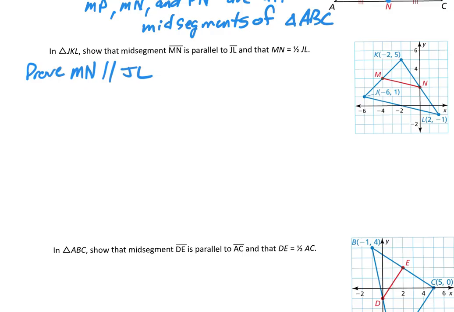So in order to prove that MN and JL are parallel, what would we need to know about those 2 segments? How do I know if 2 segments are parallel? Okay, they never touch. Okay, that's true. Okay, how do we know they never touch? What piece of information would we need to know?